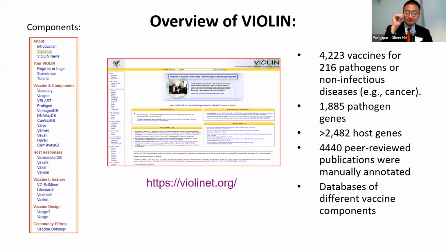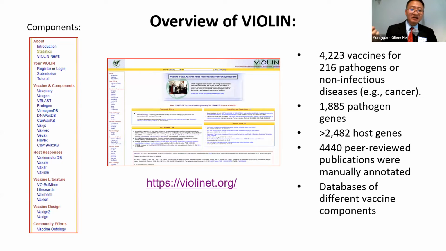So basically, this is VIOLIN, Violinet.org, the first page. We have a navigation bar here, so we can differentiate our work into components. Components can be antigens, adjuvants, recombinant vaccine vectors, DNA vaccine plasmids, and many others.